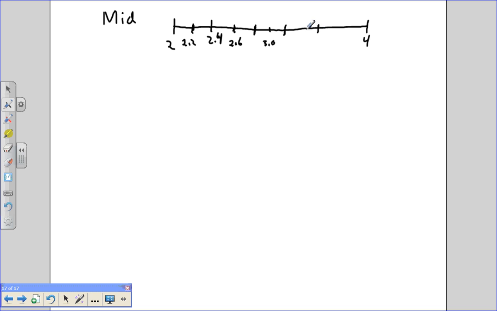I'm going to draw big lines for my actual divisions and little lines for my midpoints. Then 3.4 and 3.6. I'm going to call this m sub 5, and I'm going to factor out my delta x to begin with. So it's going to be 0.4 times my midpoints, 2.2, 2.6, 3.0, 3.4, and 3.6.